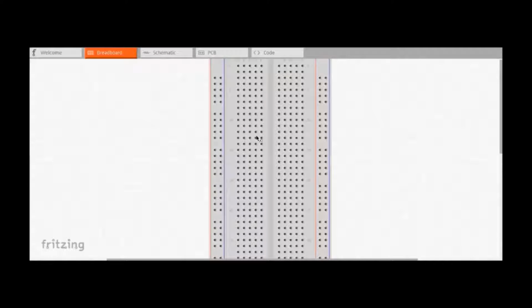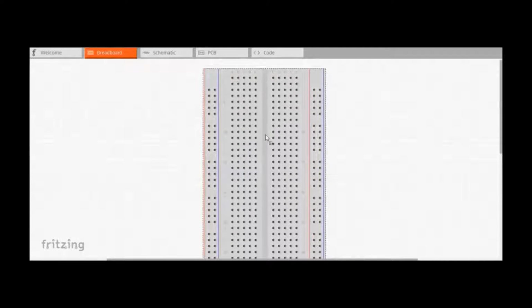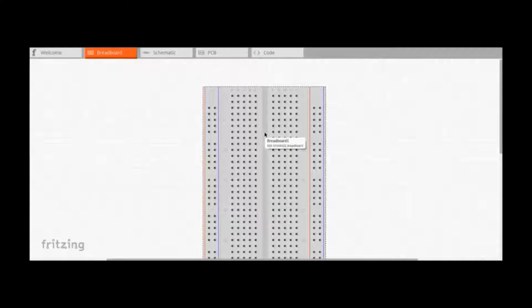So here I have an example of a breadboard, and as you can see, it's just a board with a number of holes. These holes are used for connecting circuit elements and connecting power supply and that kind of thing.